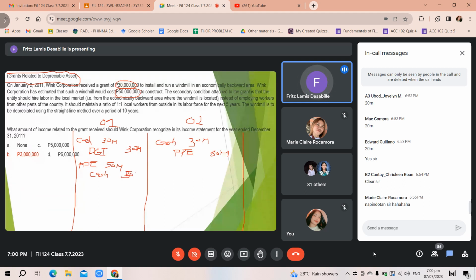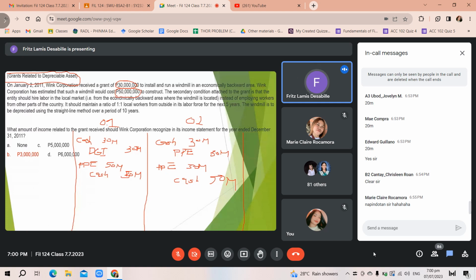So the cost of the PPE is 50 million. Here, same entry: debit PPE 50 million, credit cash 50 million. Now let's stop here.